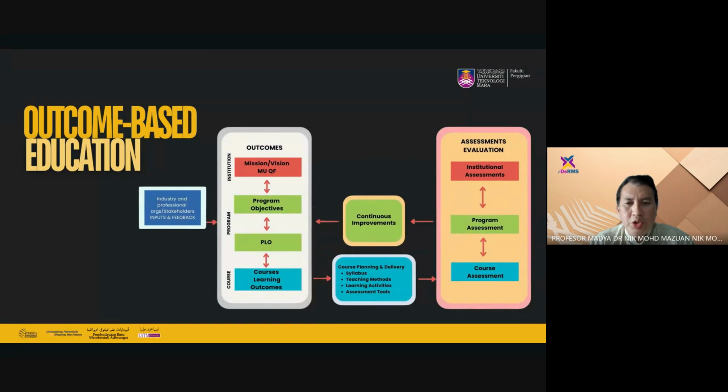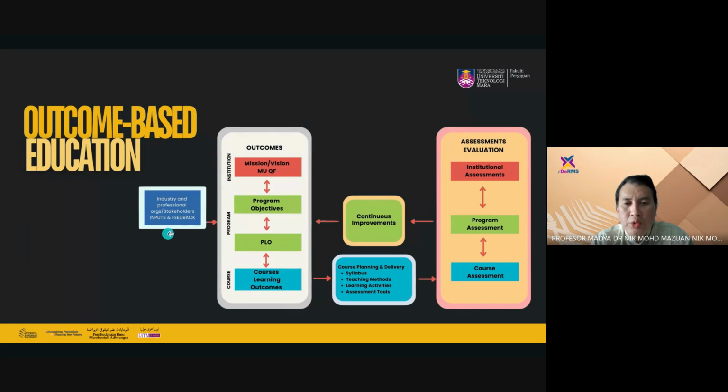And just to show you the whole structure of OBE: how do we see OBE from a bird's eye view? We actually need a lot of involvement from various parties across the system. If you look at the very left here, we have industry and professional organizations, or even stakeholders' input and feedback.